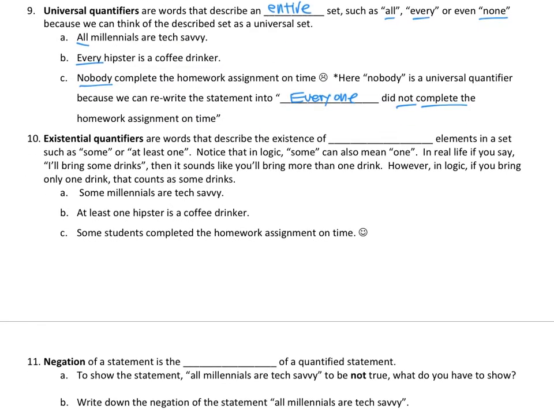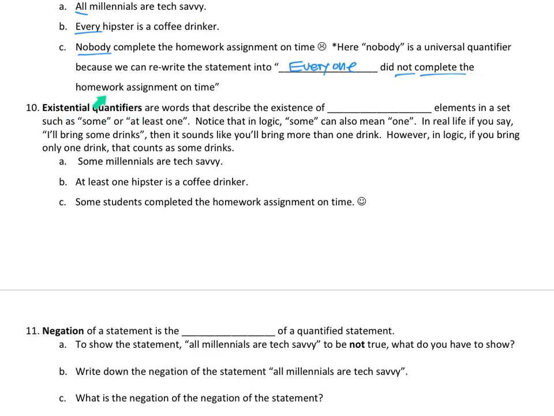All right, we also have the existential quantifier. I keep calling it qualifier, it's quantifier. These are words that describe the existence of at least one element in the set, such as some or at least one. Notice that in logic, some can also mean one. Like in real life, when you say, I'll bring some drinks, it sounds like you're going to bring more than one drink, right?